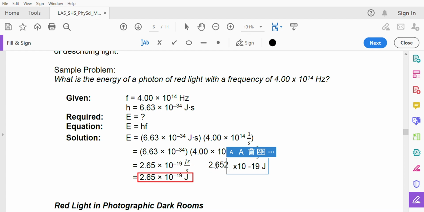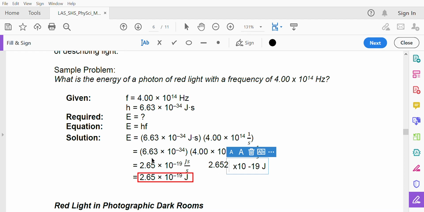If you answered 2.652 times 10 to the minus 19, I will consider it correct, but really the final answer would be 2.65 times 10 to the minus 19 joules. Why is it that the 2 in 2.652 was removed?